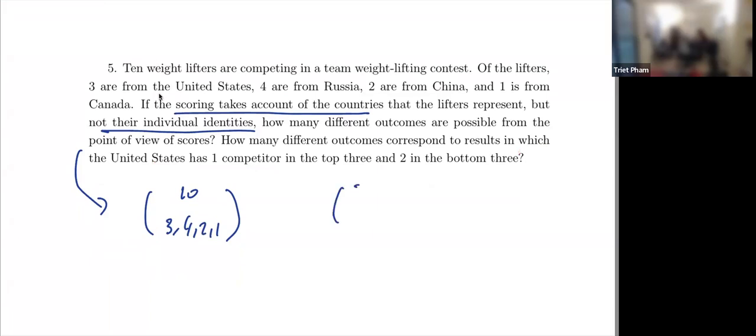So out of those 3 positions, you choose 1 for the US, and 2 in the bottom 3. So again, out of those bottom 3, choose 2 for the US, which means how many positions do we have left? We have 7 positions left, because you only have the US placed, and then you have to place the remaining people. So 4, 2, and 1.